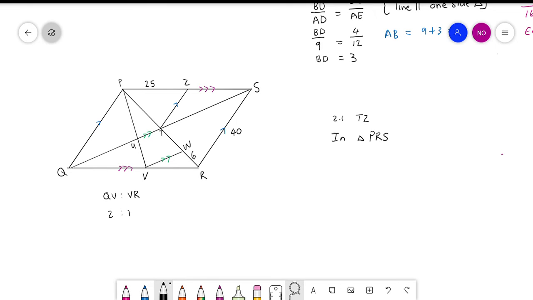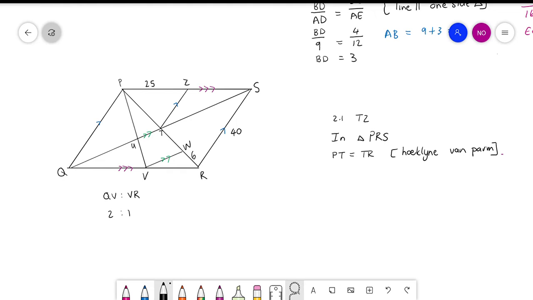PRS. In that triangle, we know that PT will be equal to TR. The diagonals of a parallelogram. Okay.